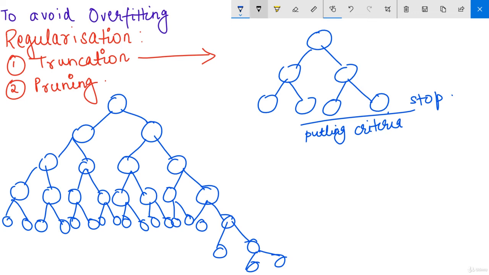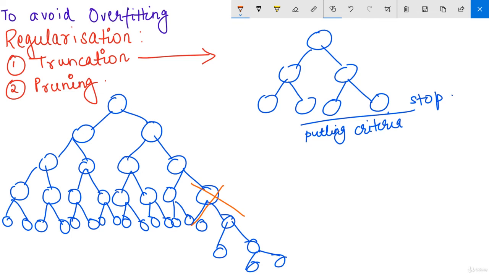And now after some point we'll say, okay, we don't want this section. So here, what we do is look at the fully grown tree and remove the unwanted part. I say, okay, this part is not that much required, so we'll remove this. The entire branch at the bottom will be removed.